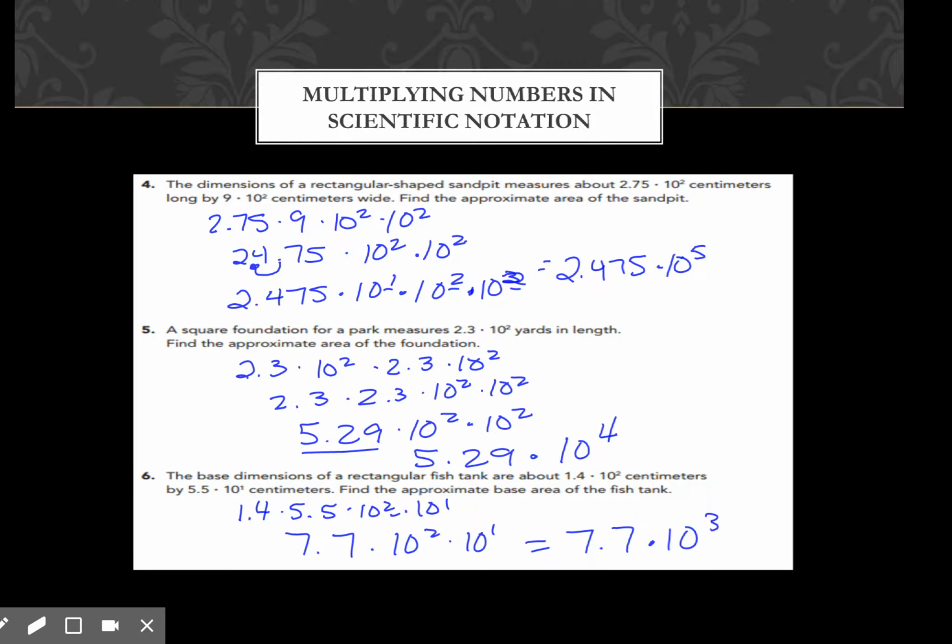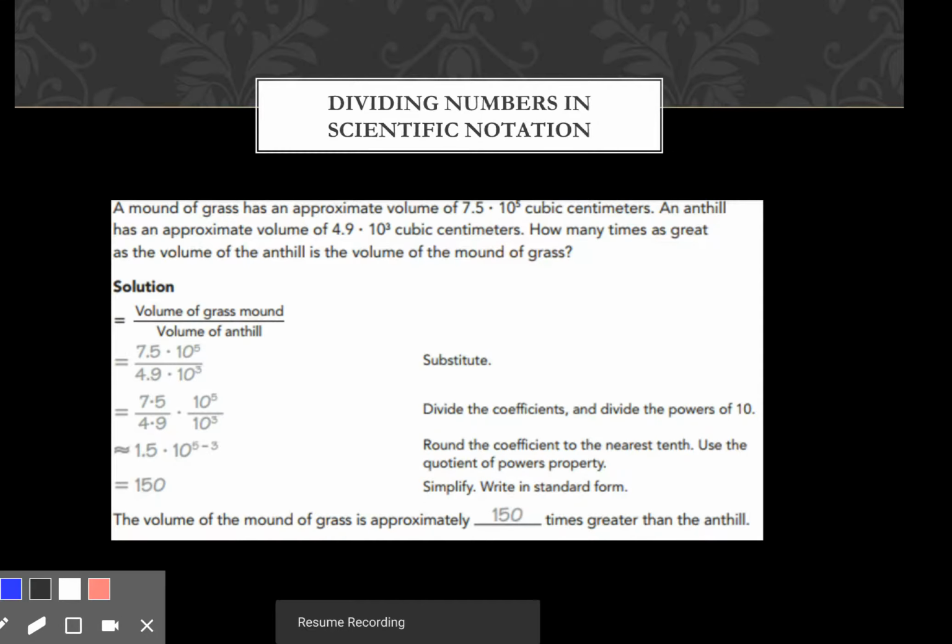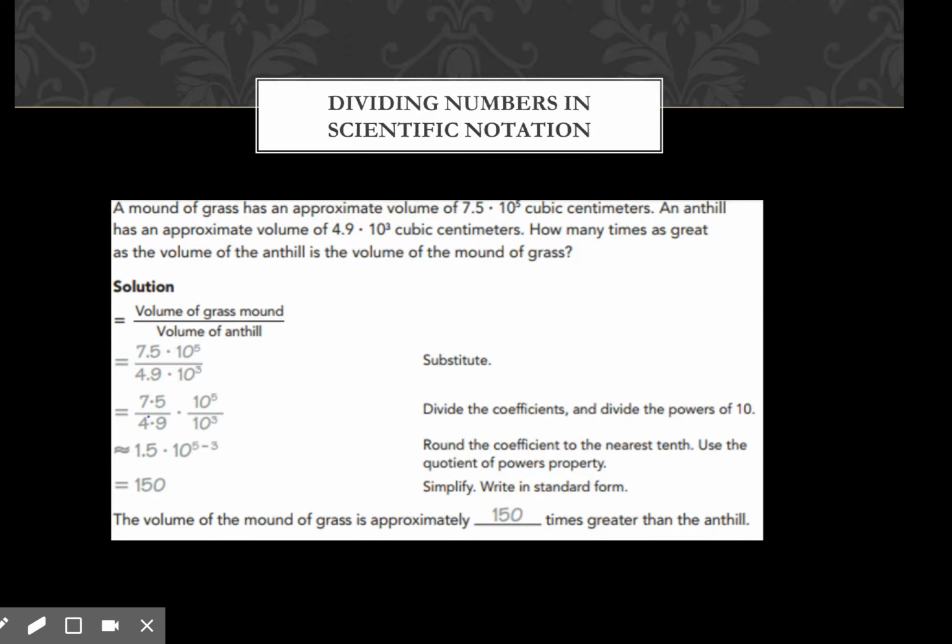Keep on going. We can also use the quotient of powers when dividing numbers in scientific notation. So we're simply doing the division. We're grouping our coefficients, 7.5 divided by 4.9, and then using the quotient of powers property, so we're subtracting our exponents.